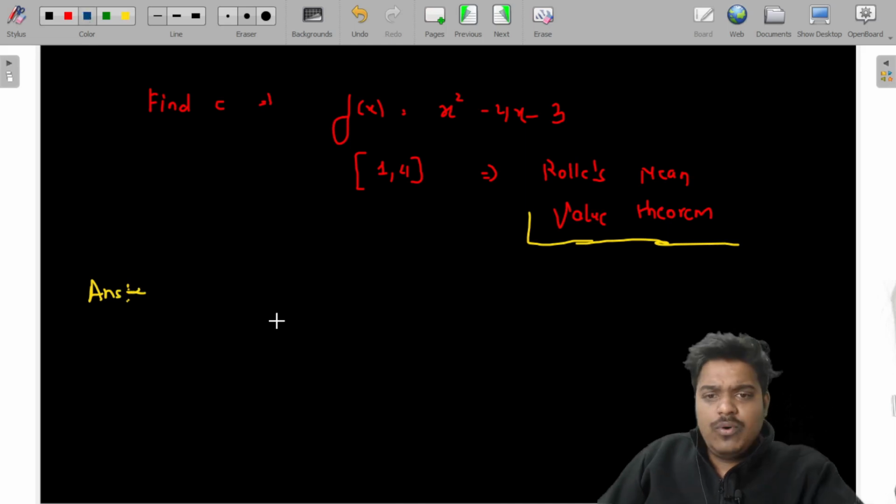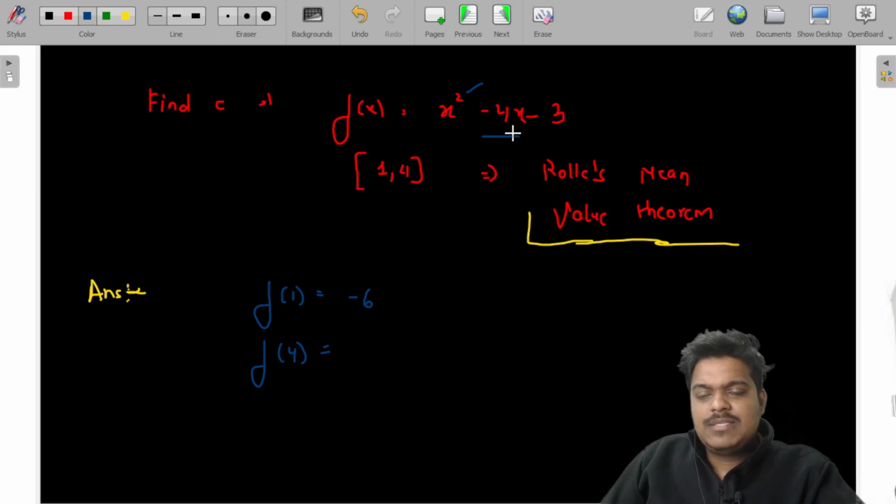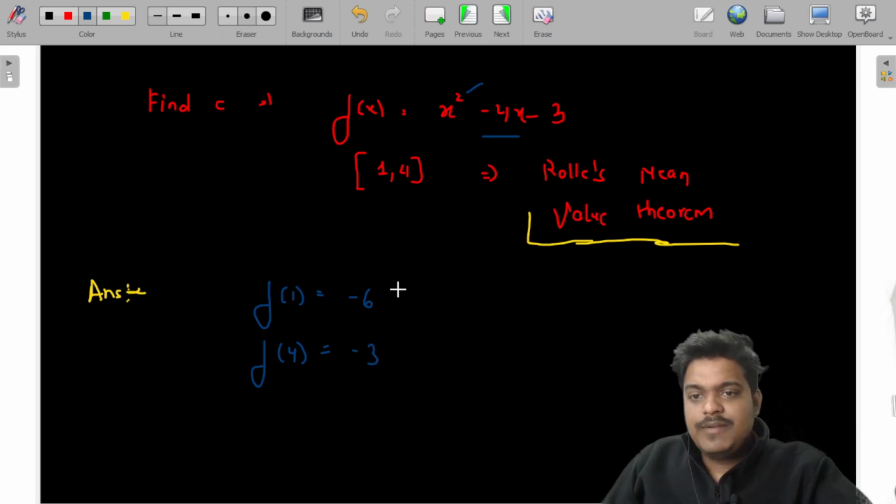Now if you try to find out the value of f of 1, this is equal to 1 minus 4 minus 3, that is minus 6. What is the value of f of 4? This is equal to 4 square is 16, 16 minus 16 is 0, minus 3 is minus 3. Rolle's mean value theorem is not even applicable for 1 and 4.